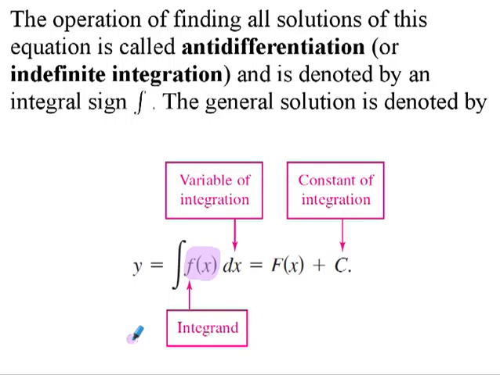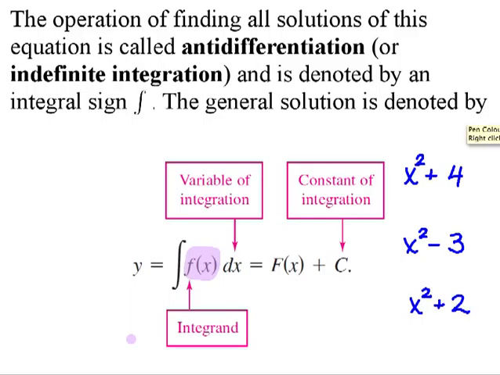Now you're probably wondering, why do you need a C? Well, let's think about things real quick. I'm going to give you three functions. I want you to tell me what the derivative of each of these three is.